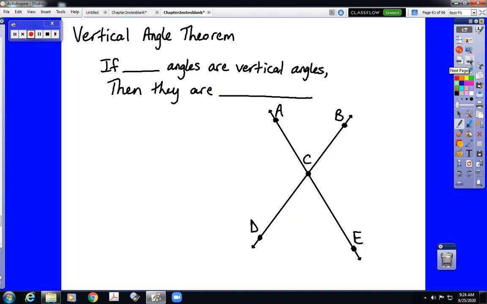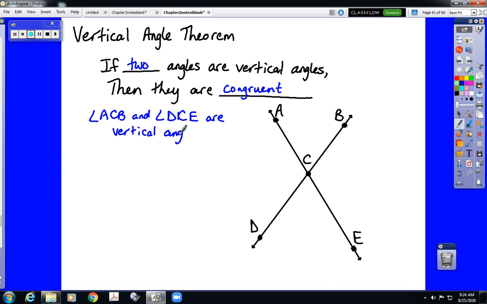Okay, the final theorem, I believe, in these notes is the vertical angle theorem, which states that if two angles are vertical angles, then they are congruent. So in this case, angle ACB and angle DCE are vertical angles.